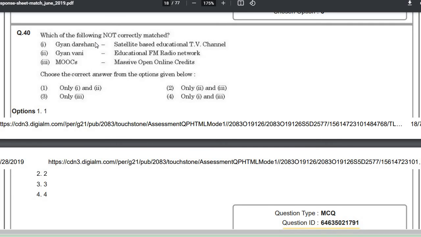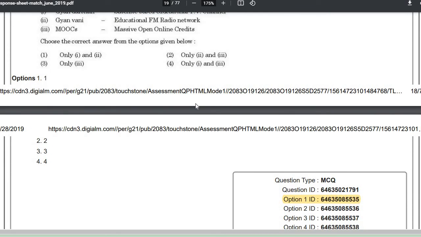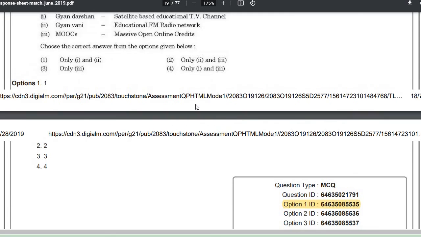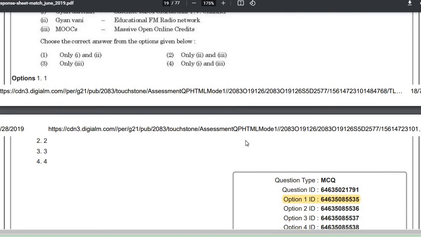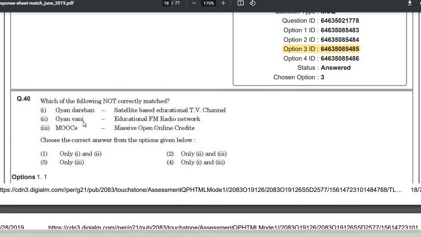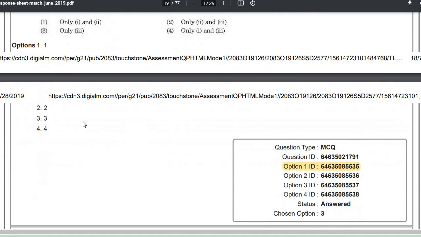So Gyan Darshan and Gyanvani are not matched correctly here. The only correctly matched one is MOOCs. But the question asks which of the following is not correctly matched. So 1 and 2 are not correctly matched, and option 1 is the correct answer. Gyan Darshan and Gyanvani are the wrong matches.